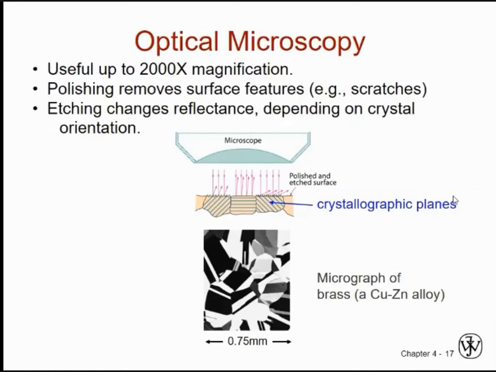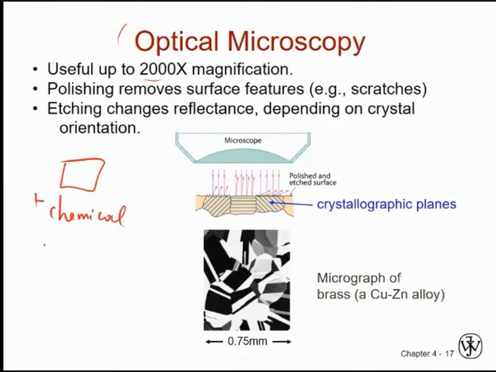So let's move on. With optical microscopy, we can magnify up to 2,000 times, and that's enough to analyze grain size, boundaries, and phases. What we do first, we get our specimen and polish it until it's mirror-like. Then we apply some chemical to it.